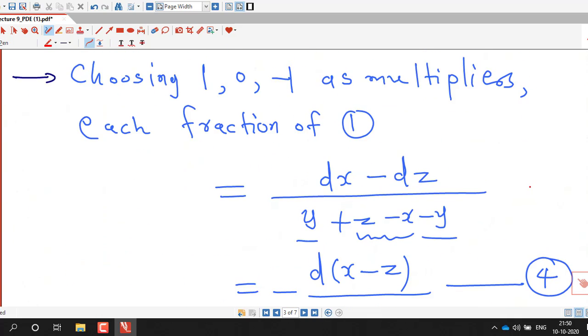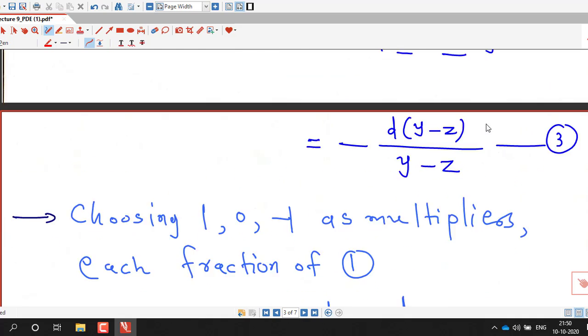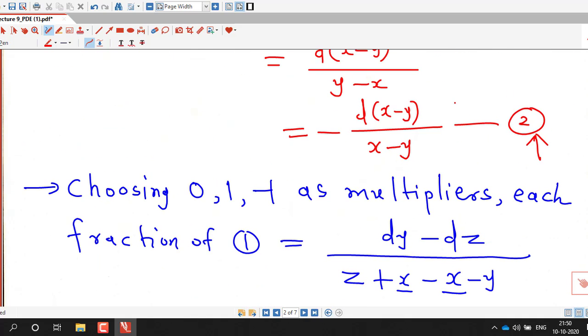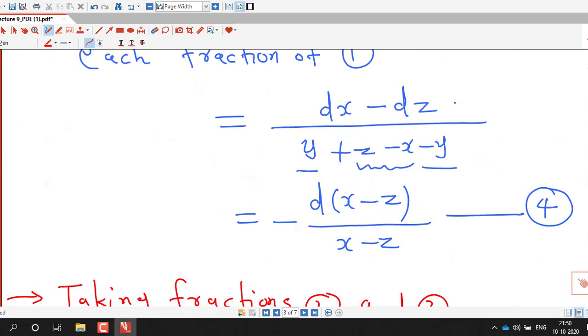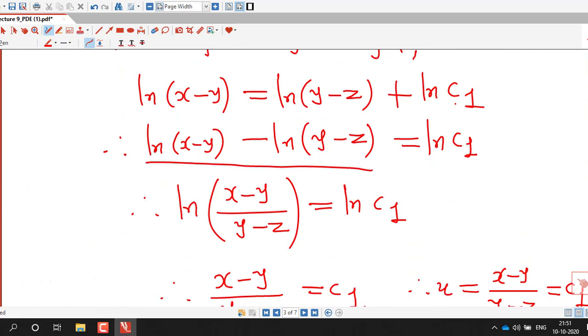Similarly, we can combine fractions 3 and 4 or fractions 2 and 4. So suppose we combine fractions 3 and 4.